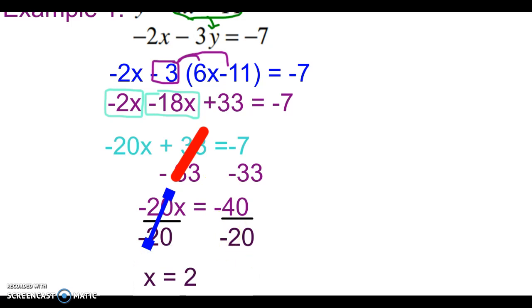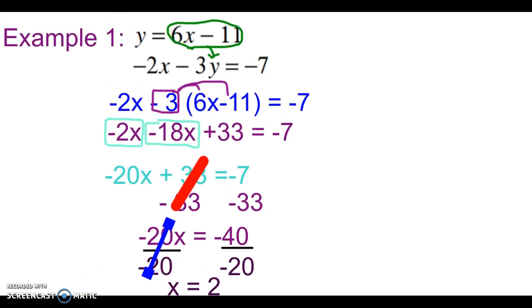So our last step is to go ahead and plug in what we got for our variable. So we got x equals 2, and we're going to plug that into one of our original equations. I'm going to plug it into the equation that says y equals, because I already have y by itself. It'll be the shortest way for me to find out what y equals.